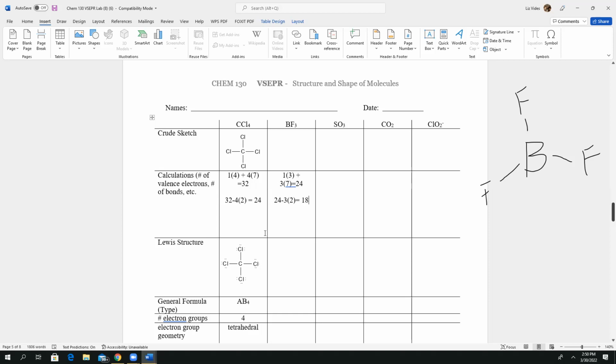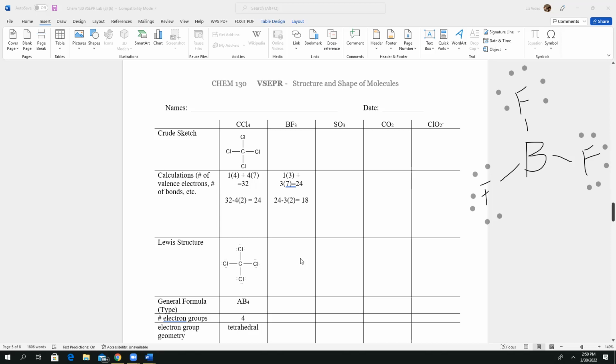All right. So now when we do the Lewis structure, we have 18 electrons to go, and I'm going to draw the electrons around the fluorines. That's 6, that's 12, and that's 18. So boron is one of the few exceptions that we have. Do you remember it was groups 1, 2, and 3?